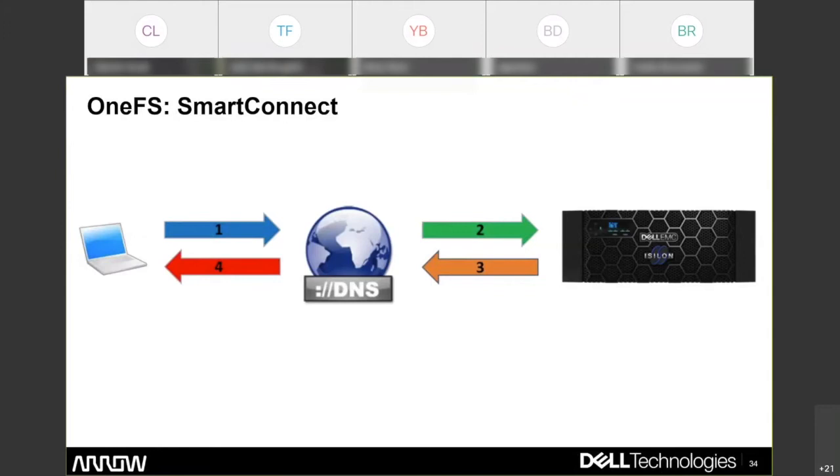What Smart Connect does is it enables client connections to the storage cluster using a single host name, but this can be more than one host name. So it can be, say, marketing.isilon, sales.isilon, engineering.isilon.